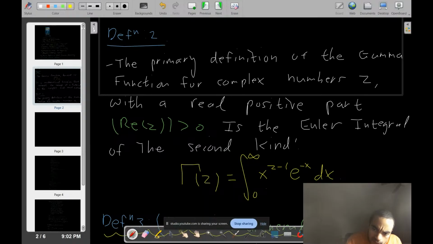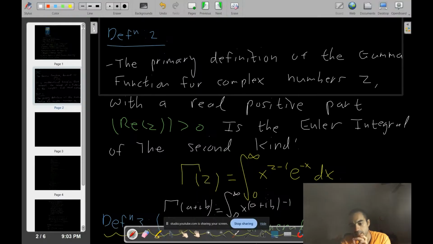Fill in the blanks here, and if someone can tell me: if this is legitimate, can I also say gamma of z, where z is a plus ib, is also equal to the integral from 0 to infinity of x to the power of (a plus ib) minus 1, times e to the negative x dx?